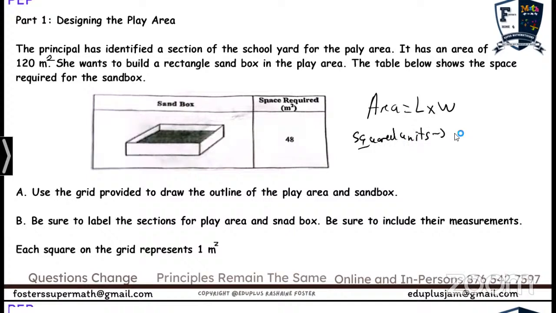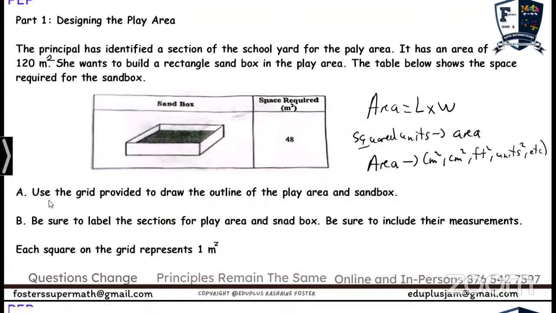Once you see squared units, make sure you think of area. And whenever you're finding area, remember your answer must always be in squared units: meter squared, centimeter squared, feet squared, unit squared. It does not matter. Just make sure you remember that.